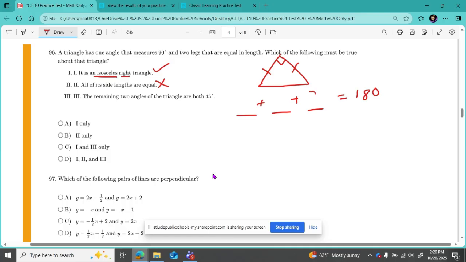We know one angle is 90. And if I plug in 45 plus 45, I get 90. Plus 90, I get 180. That is true. So, which of the following must be true? Must 1 and 3.